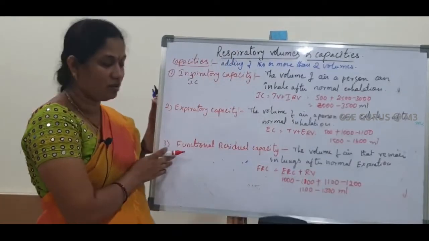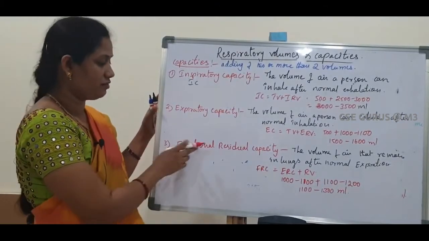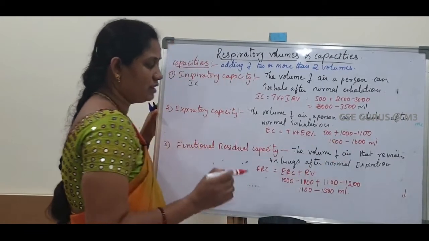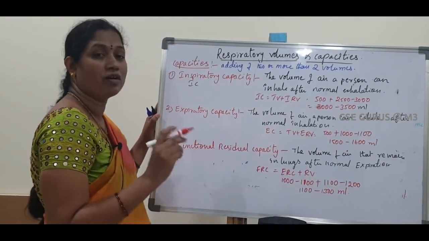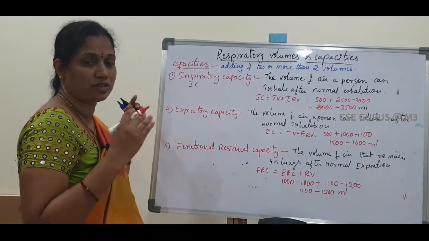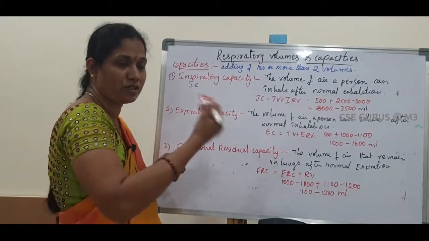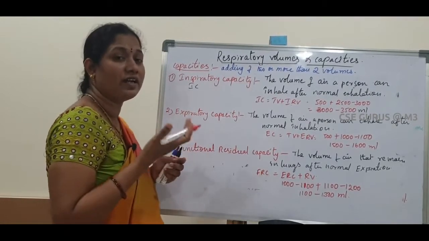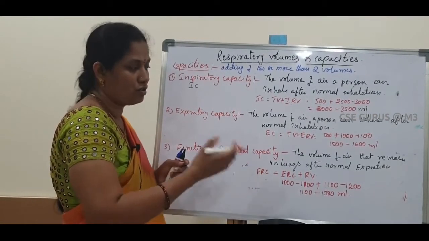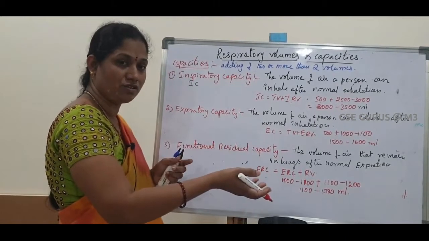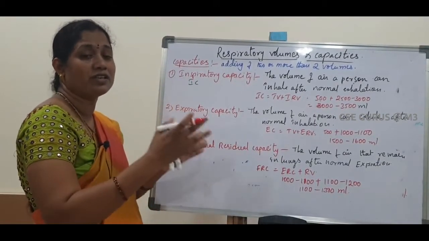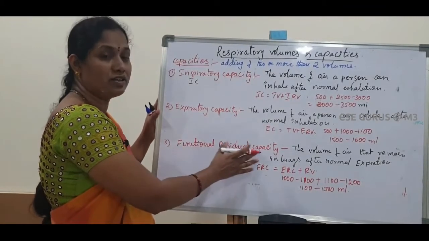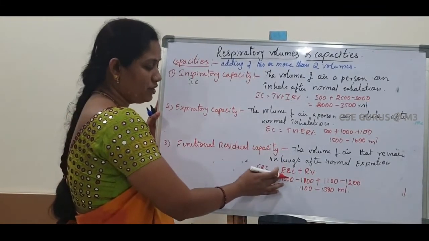Next, functional residual capacity, FRC. Functional residual capacity means the volume of air that remains in the lungs after normal expiration. Normal expiration means the tidal volume is released to the outside. After the tidal volume is released, the amount of air present in our lungs is called functional residual capacity. Which volumes?